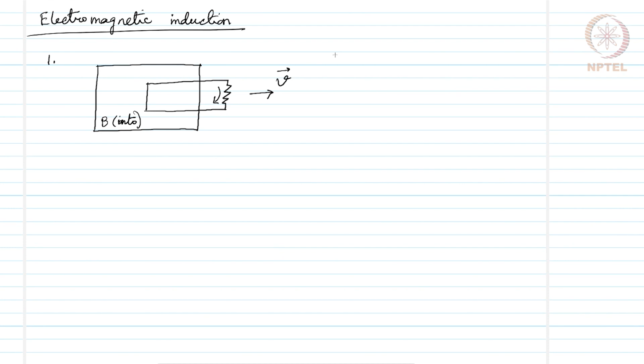Then he performed another experiment where there was a similar region with a magnetic field. The magnetic field points into the screen again this time, and there is a loop like this with some resistance at the end here.